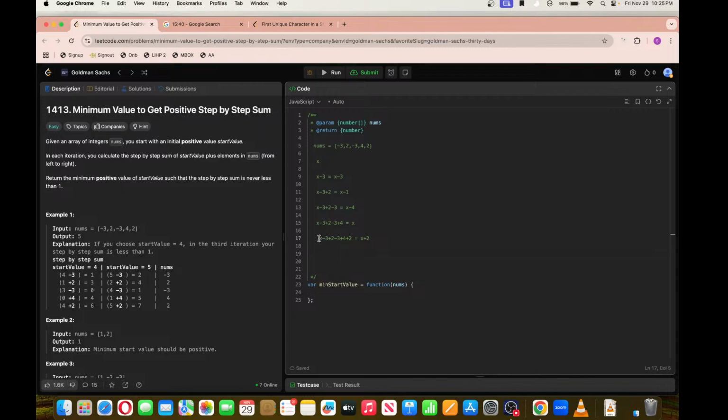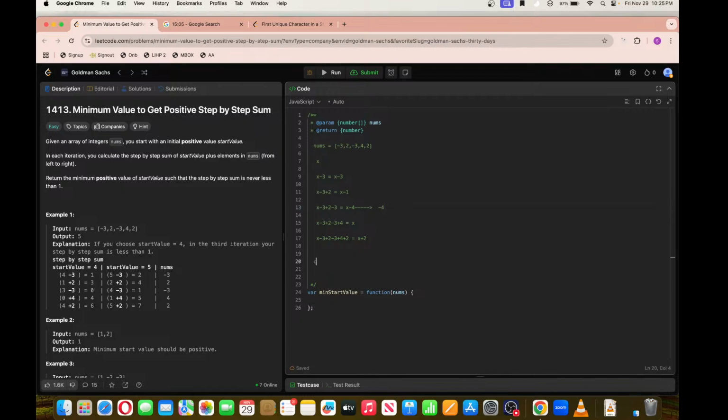It means I think I have to find the biggest negative number here. What is the biggest negative number? It's minus 3, minus 1, minus 4. It's minus 4 here, right? If the biggest negative number is minus 4, then x should be greater than this.